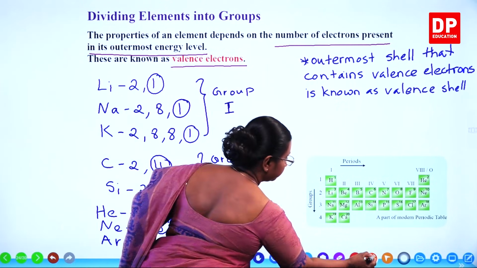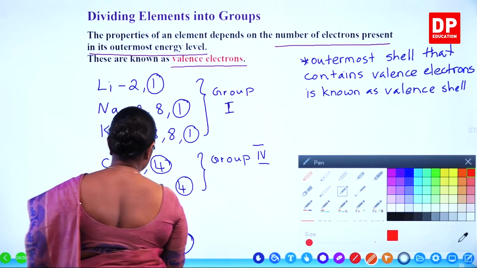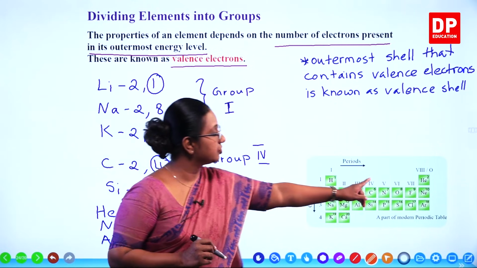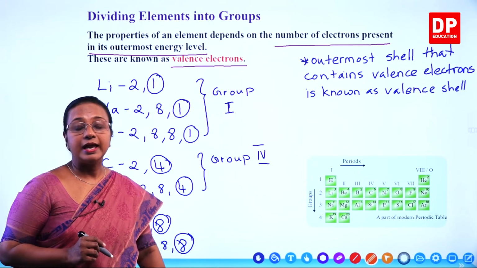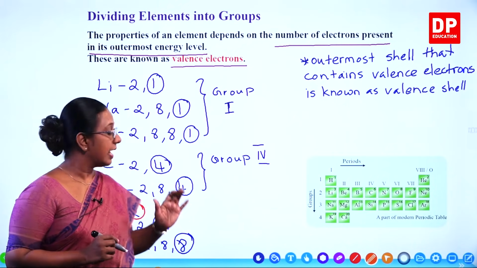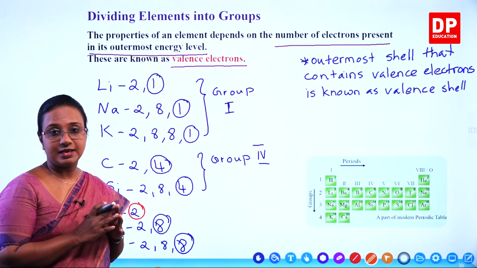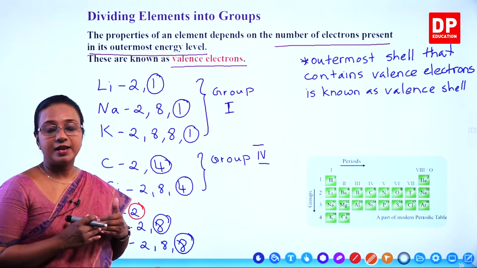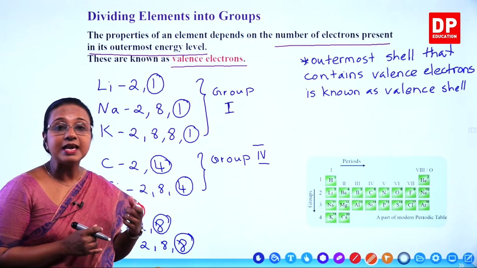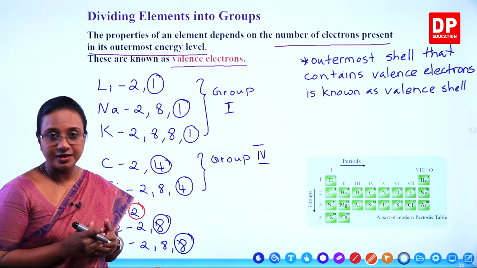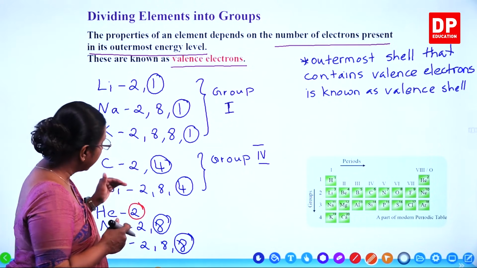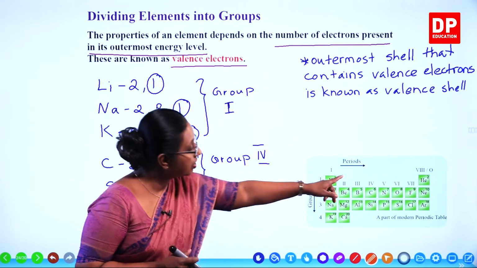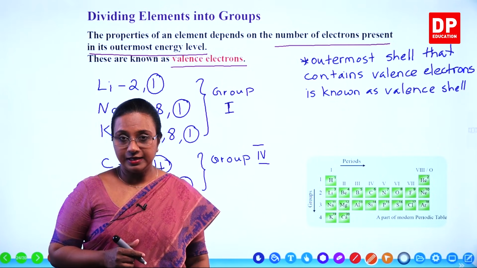But helium has only 2 electrons. It also belongs to group 8. The reason is having a full energy level, that is, an energy level with the maximum number of electrons possible, is a stable electronic configuration. So any element with a stable electronic configuration also goes to group 8.